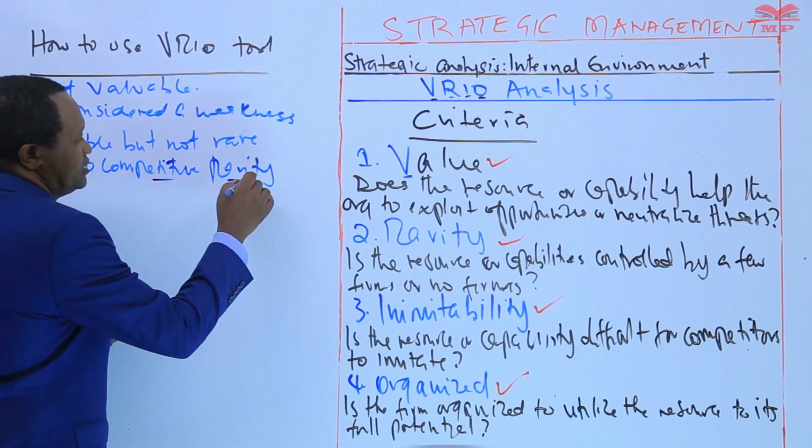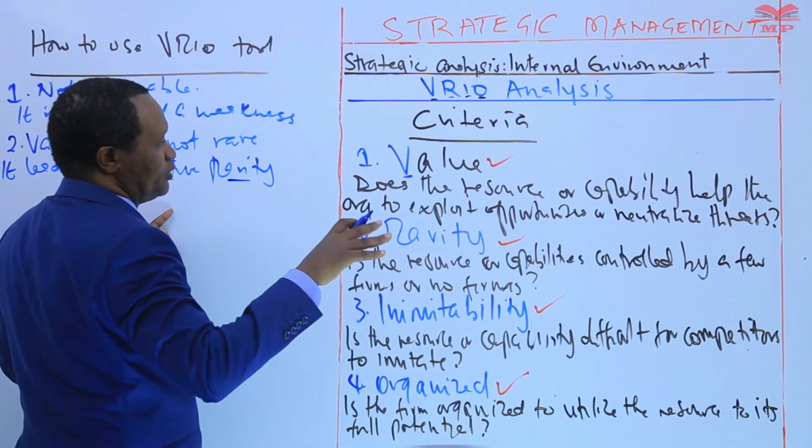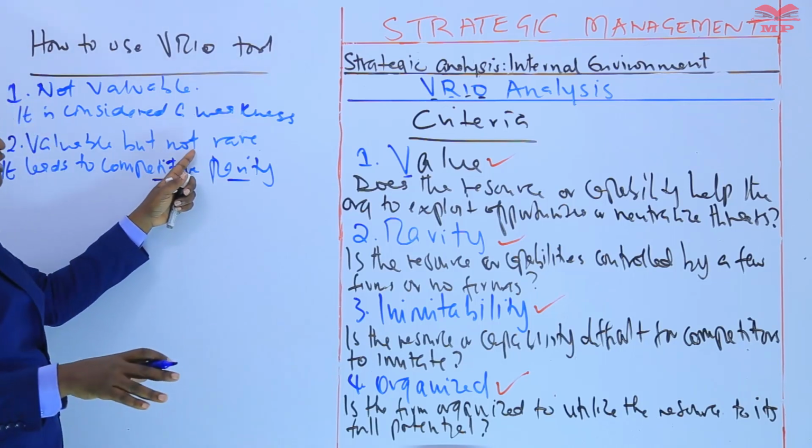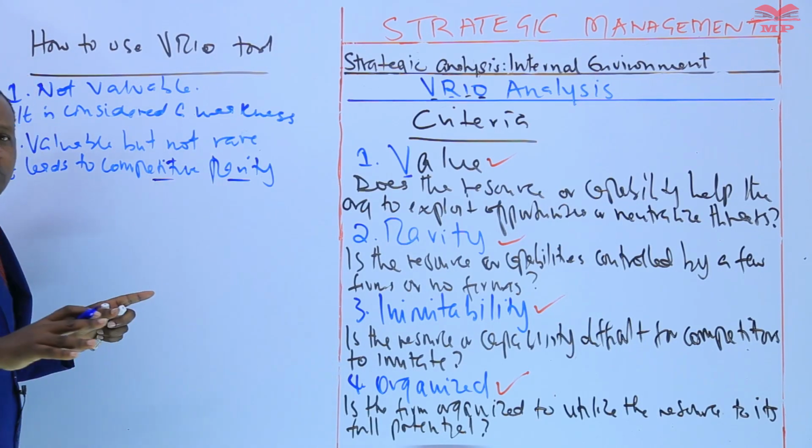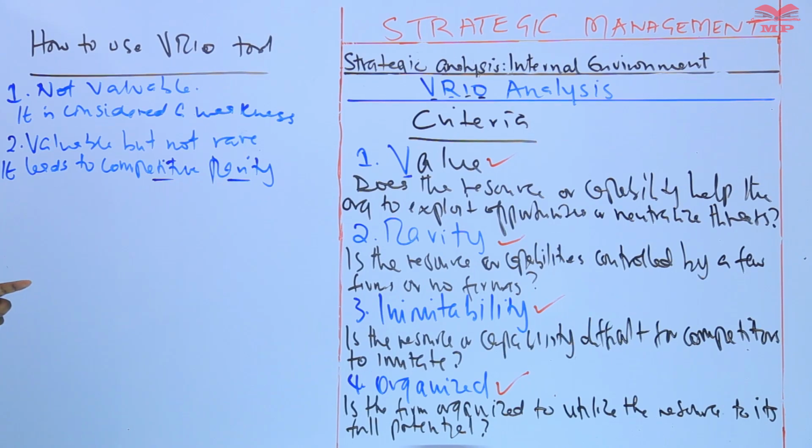Competitive parity means that the firm is at par with competitors because it is not rare. The competitors have the same resource. You understand?